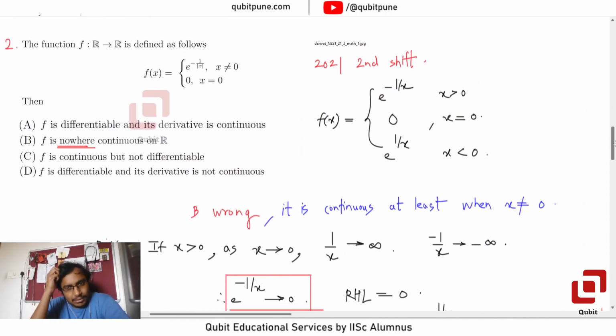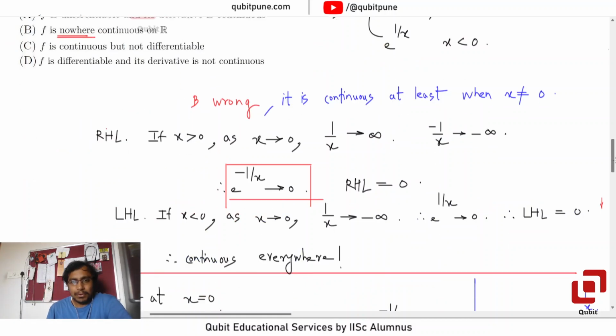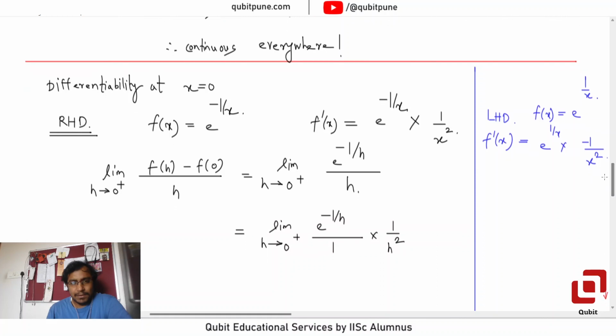Okay, continuity is clear. Differentiable. Problem is with the limit of e raised to negative 1 upon h.